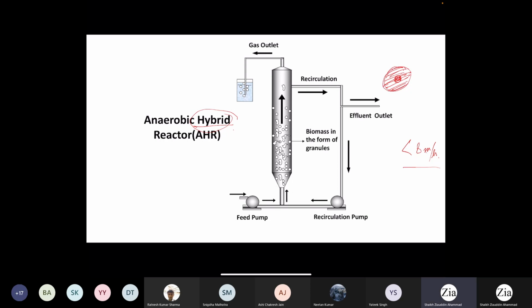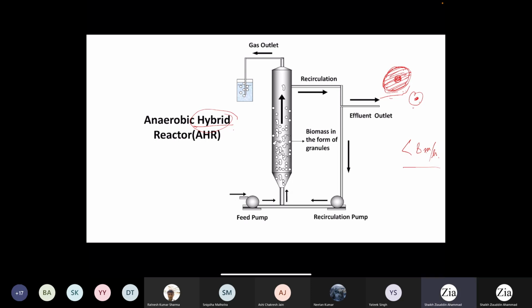So they are more densely packed, and their weight is a little less compared to the other granules with an inert core. If you measure the weight of the same volume of granules, the self-immobilized granule will be a little lighter than the granule immobilized on an inert surface.